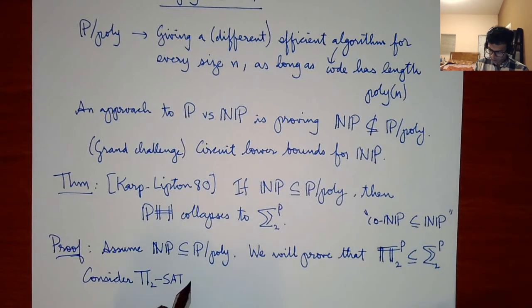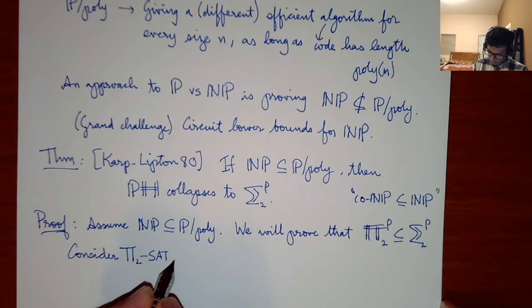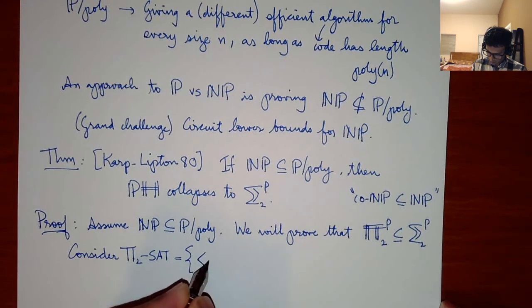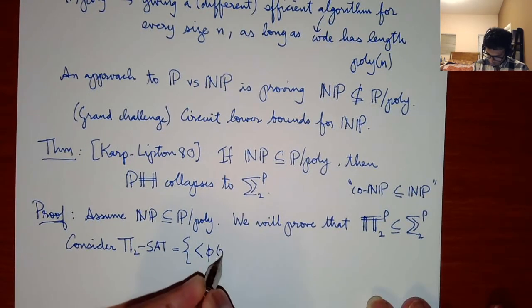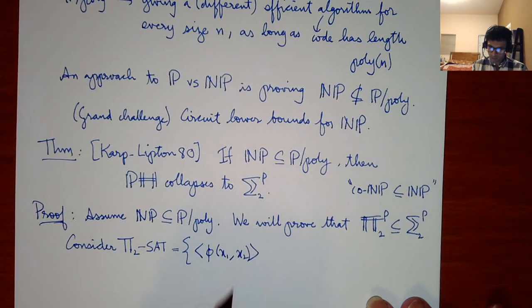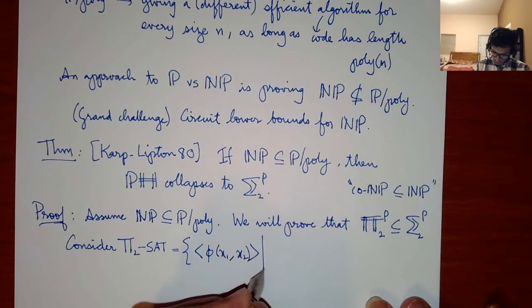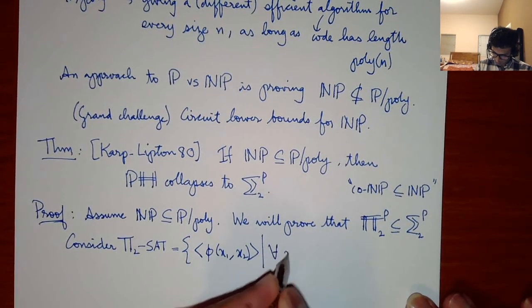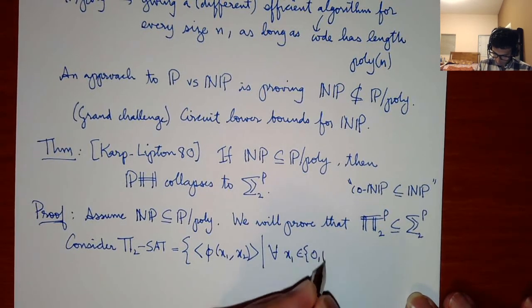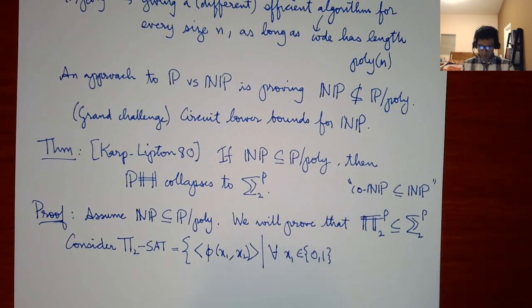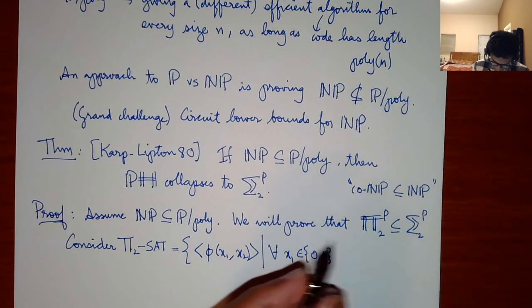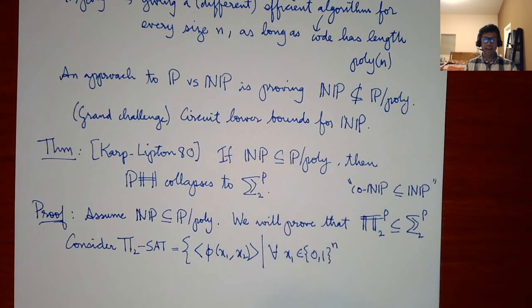Right? And so what is pi2 sat? We know that it's all encodings of phi, and I'll say x1, x2. So all formulas such that for all x1, and somewhat abusing notation, I am going to use n for the length of x1, although it doesn't really matter.